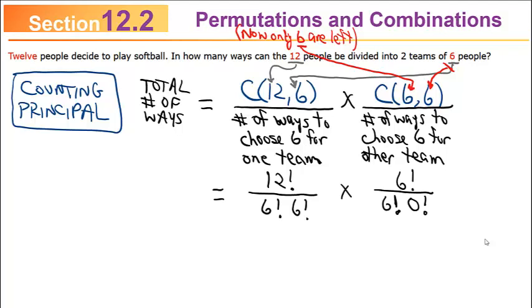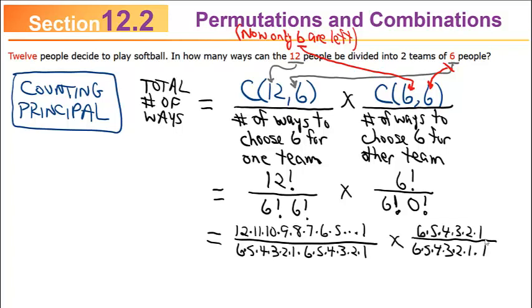Combination of 12 things taken 6 at a time is 12 factorial over 6 factorial times the quantity 6 minus 6, which happens to be also 6 factorial. And the second one is 6 factorial over 6 factorial, and 6 minus 6 is 0 factorial.